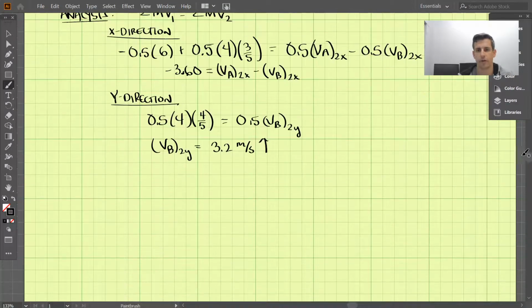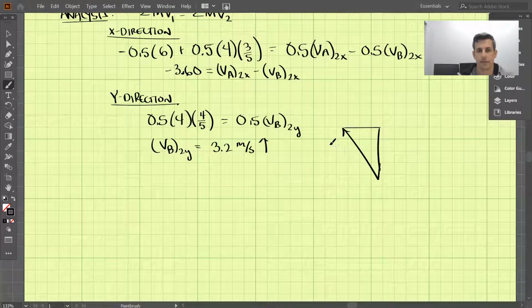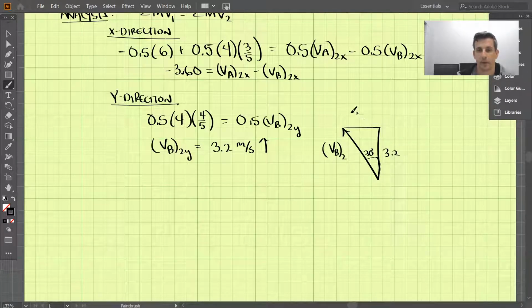If we just draw that triangle quick, this is VB after impact. This is 30 degrees, and this over here is 3.2.